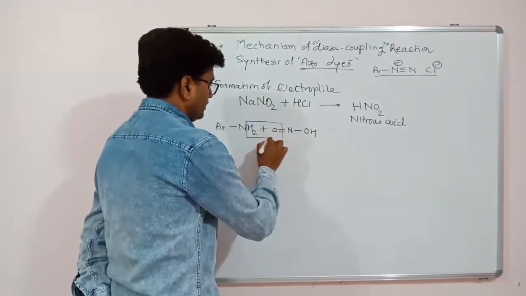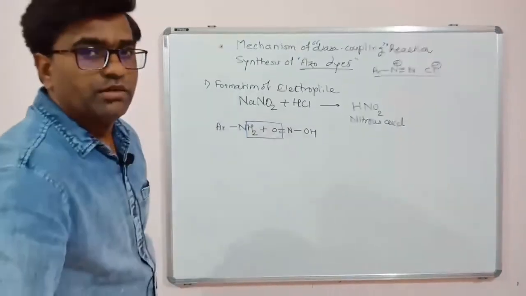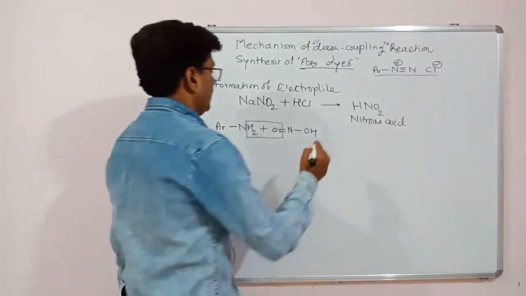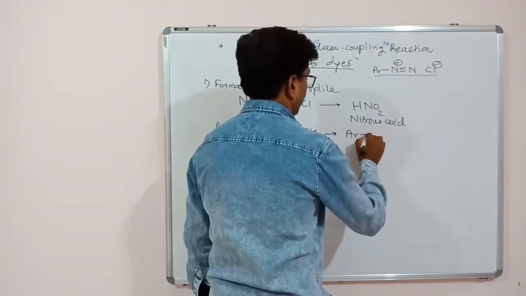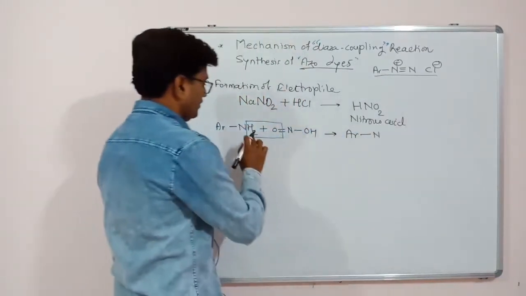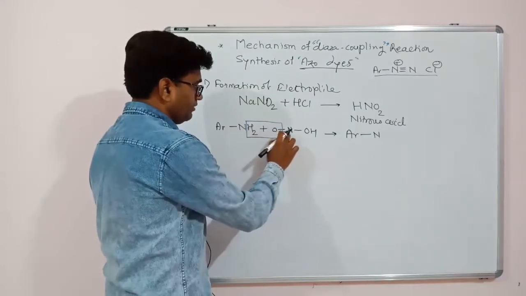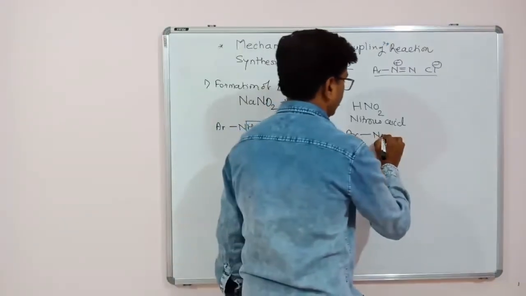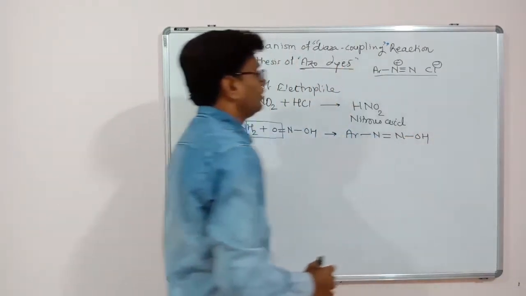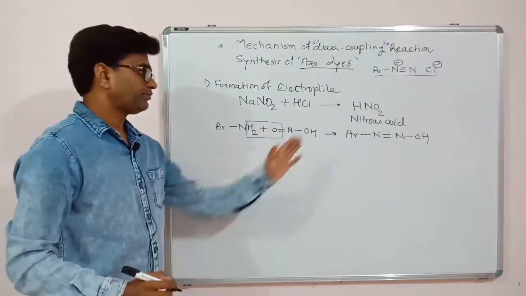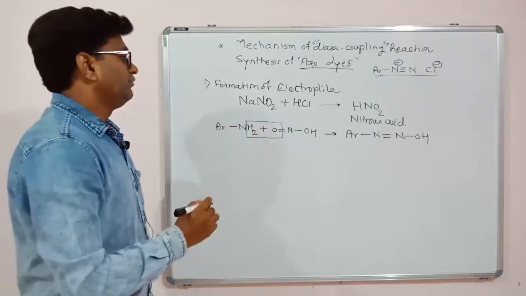The byproduct is H2O, and we will get a product, ArN. See here, this H2 will leave, so the nitrogen forms a double bond with this nitrogen. We will get this compound as an intermediate.